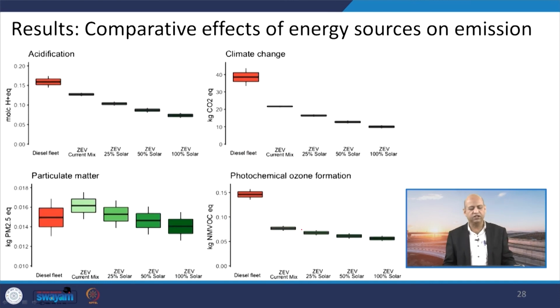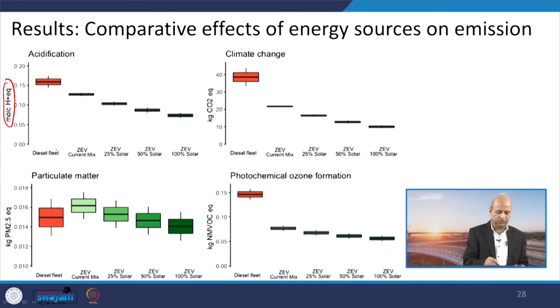Then we see the comparative effects of energy source on emissions. See this acidification related hydrogen ion equivalent. The diesel fleet gives around this much emission, but if we go for zero emission or electric vehicles of different capacities, where the electricity is coming from also plays a role. If 25% solar electricity is used for battery charging, then there is more reduction in acidification related emissions, and with 50% solar, there is further reduction.